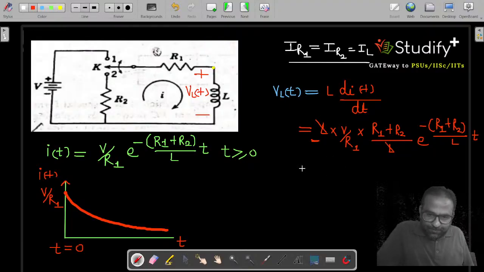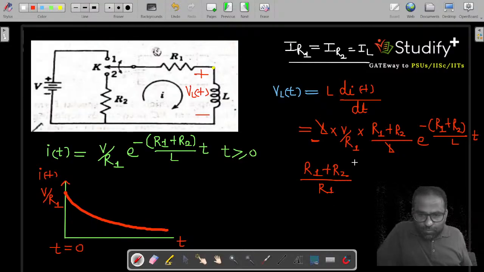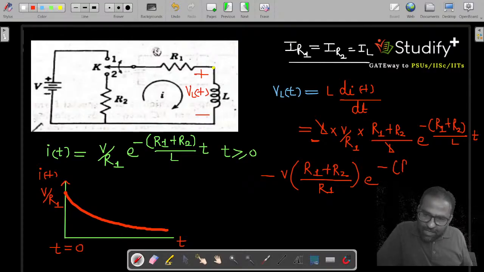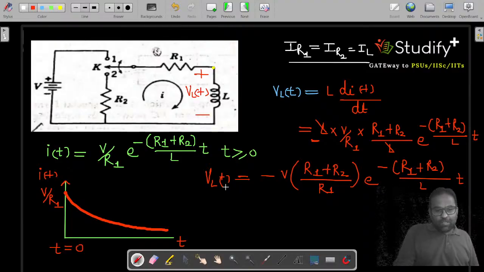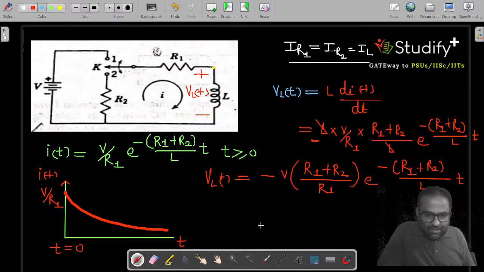So this is minus (R1 plus R2) divided by R1 into V into e to the power minus of (R1 plus R2) divided by L into t. This is the voltage across the inductor, and I can draw this voltage also. So the nature of the voltage inside the circuit will look like this.